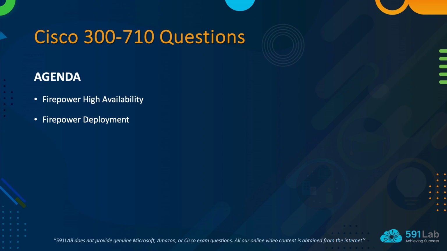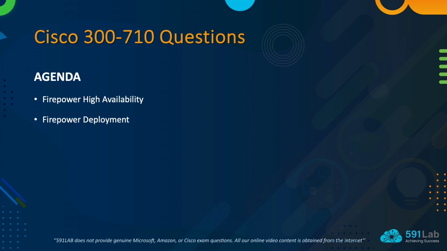Today, we will be covering Firepower high availability and Firepower deployment from the securing networks with Cisco Firepower exam objectives. These concepts will help you prepare for the securing networks with Cisco Firepower certification exam.